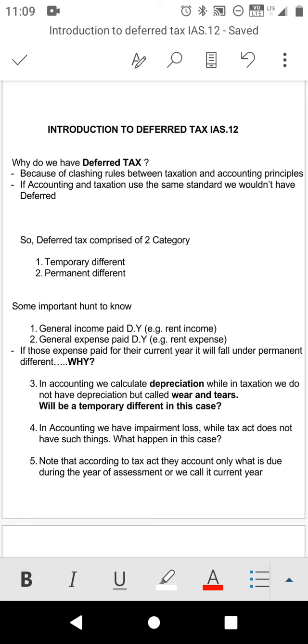And remember, the estimation year in terms of accounting standard is not the same as the estimation year in taxation.